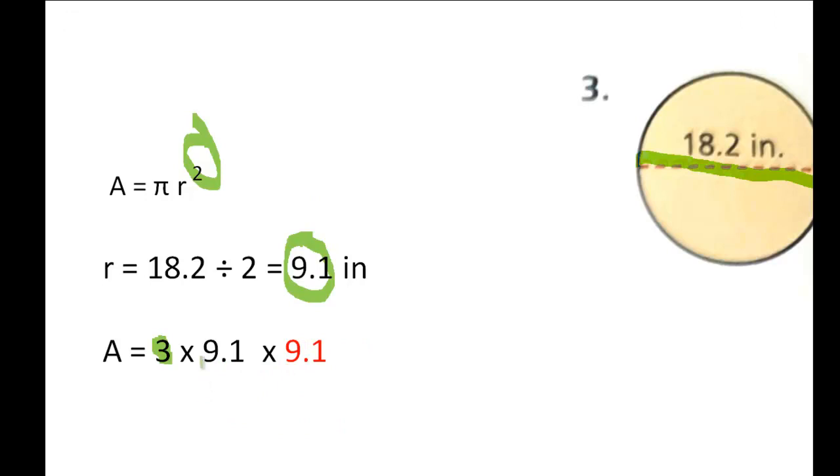So 3 multiplies 9.1 multiplies 9.1. This will equal 243 inch square. Don't forget the unit.